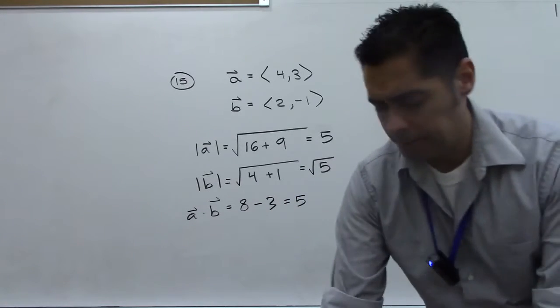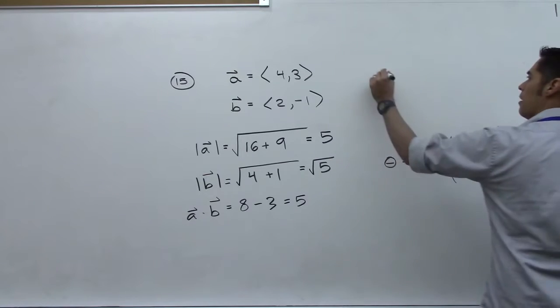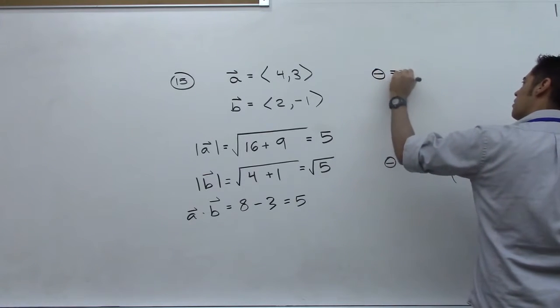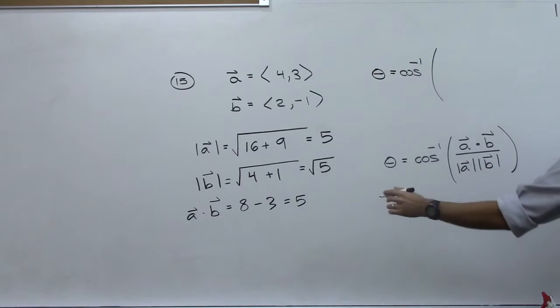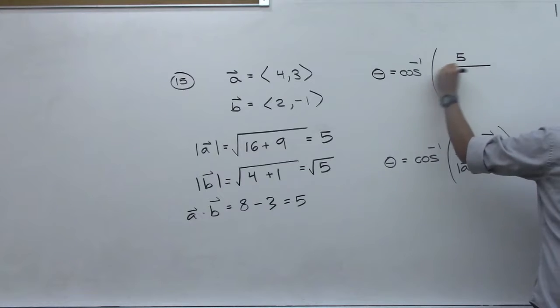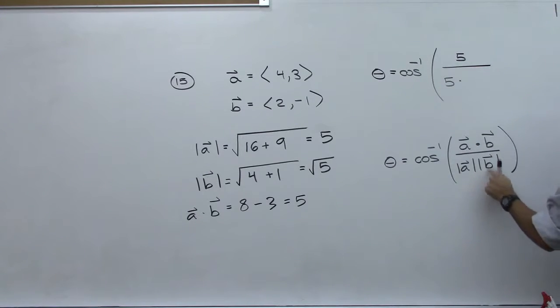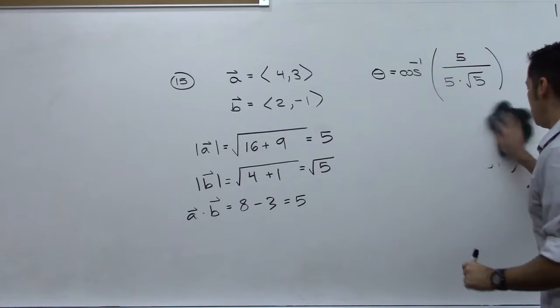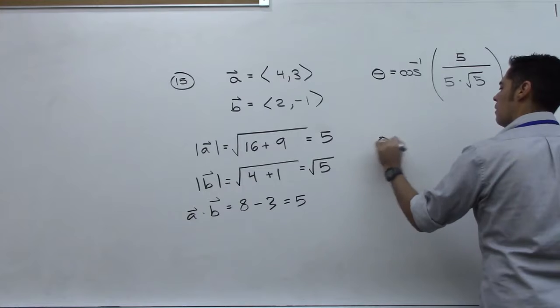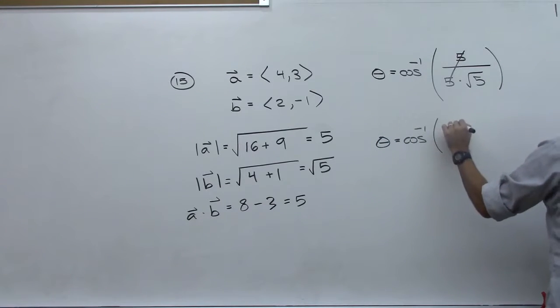So here's what we've got. In this formula, theta will be equal to arc cosine of A dot B, which was 5, over magnitude of A, which was 5, times magnitude of B, which was root 5, which is the same as arc cosine of 1 over root 5.